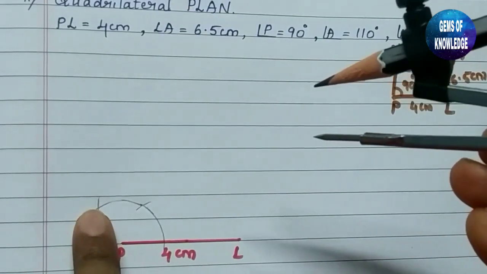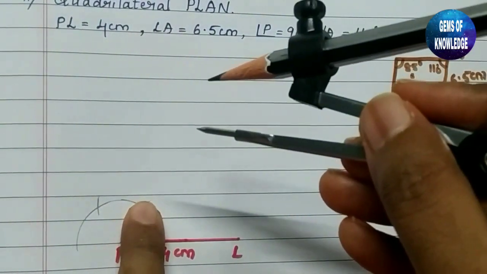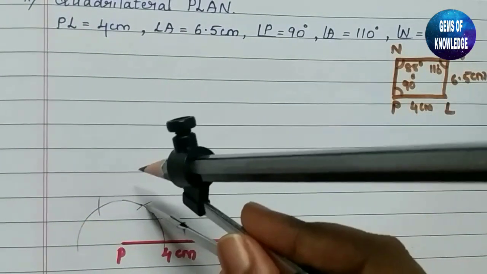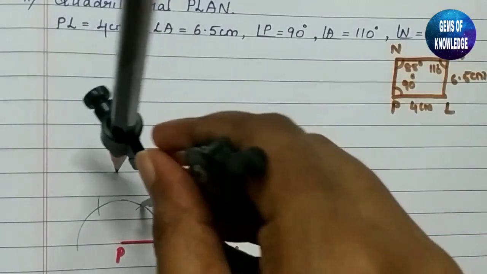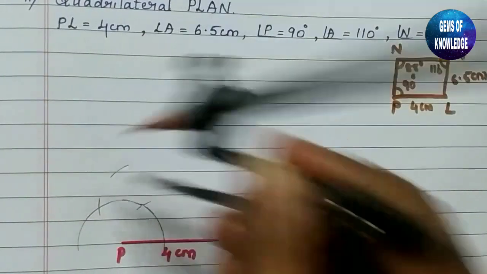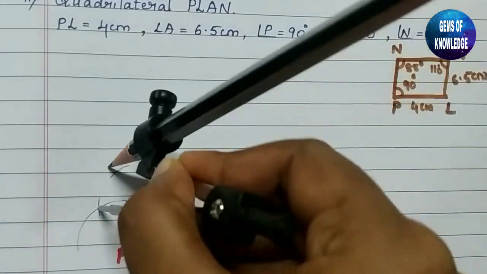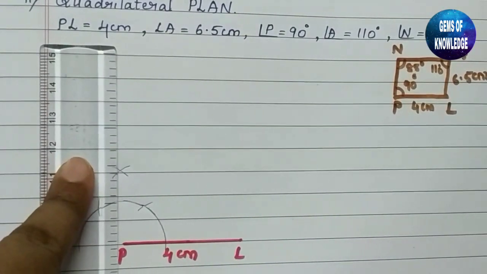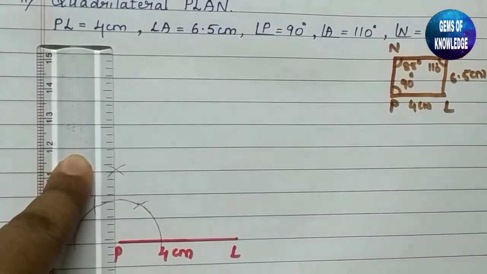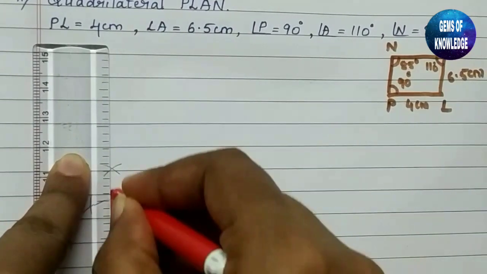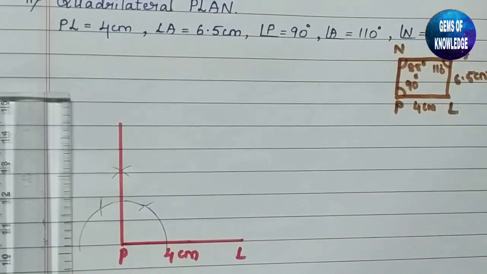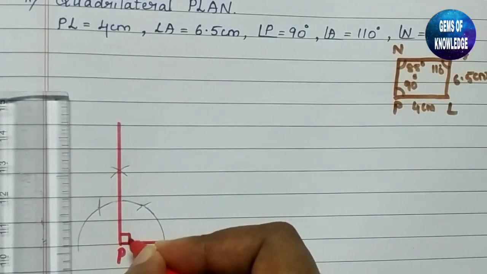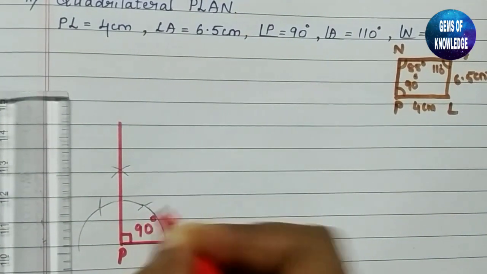This is nothing but 120 degree. So between 60 and 120 degree, we will get our 90 degree. So one arc from here and one more arc from this side. So here we are going to get our 90 degree.